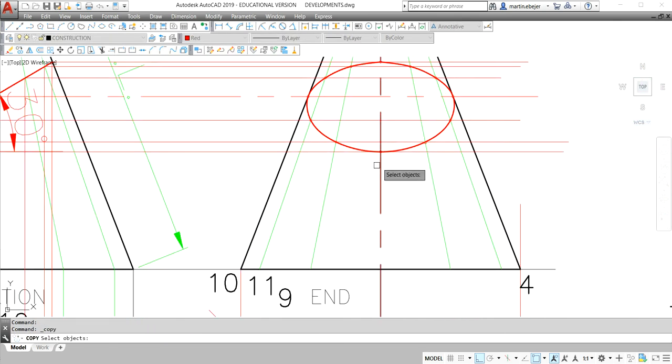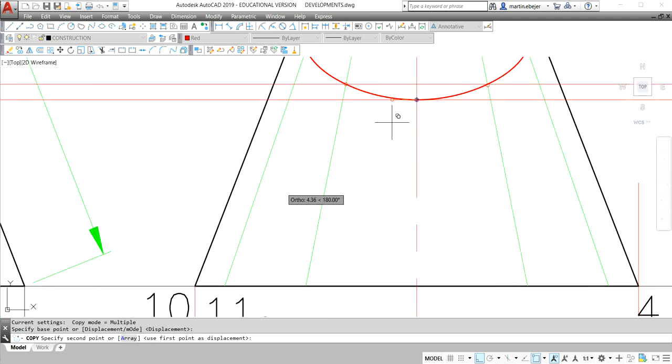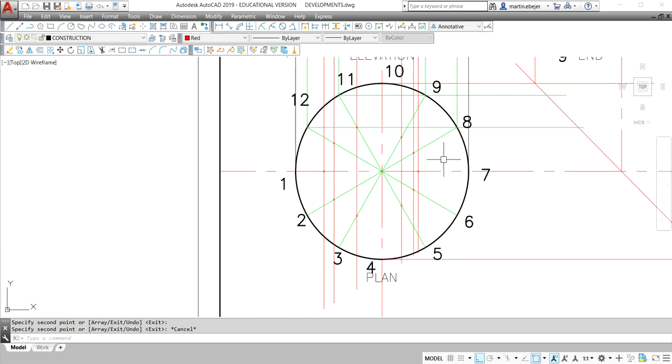Again, you're gonna have points. In this case, we have a point over there, over there. Take time to understand and to follow the numbers.